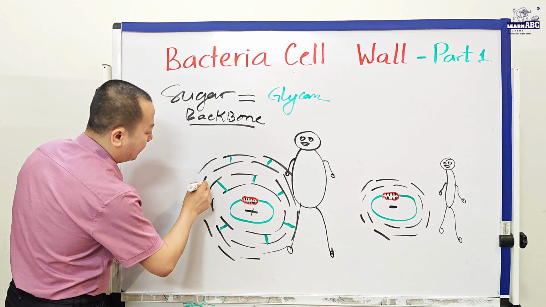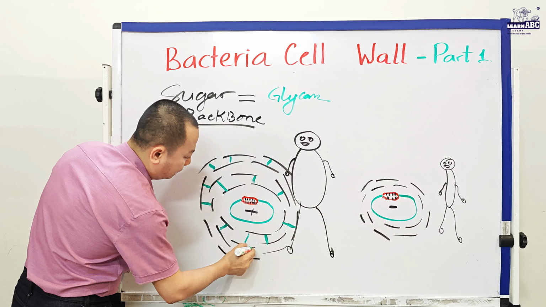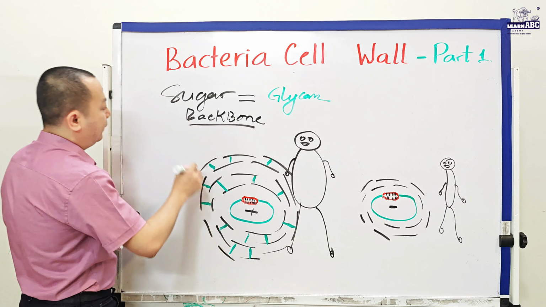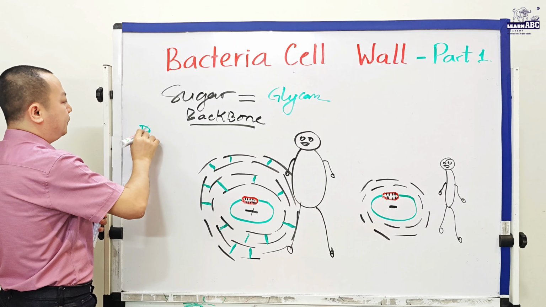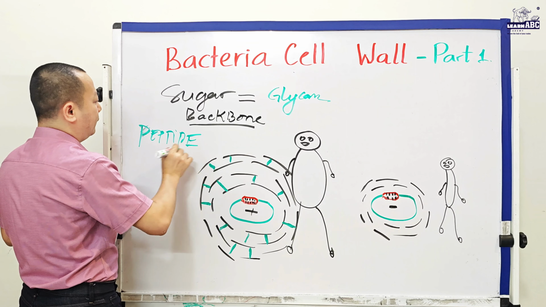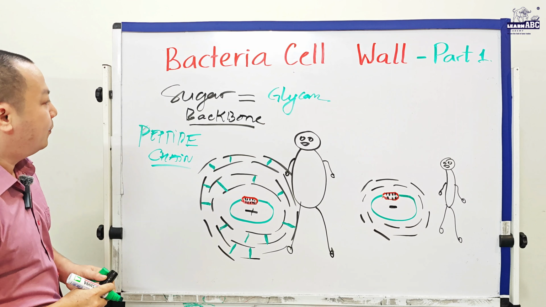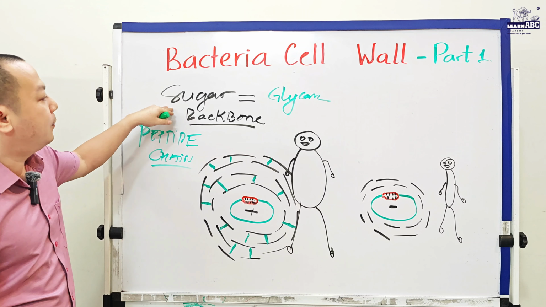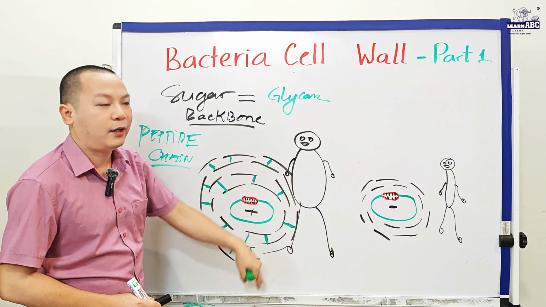And the peptide chain is the second component of the cell wall. Right? The peptide chain is the second component, and the sugar backbone is the first component. So both make up the cell wall.